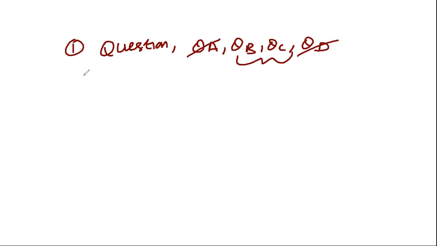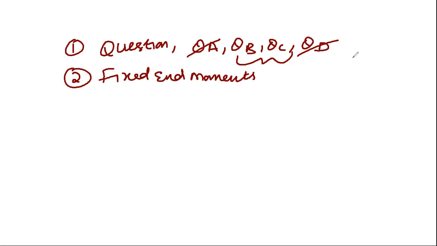Next thing we did, we have calculated the fixed end moments. How do we calculate fixed end moments? Please refer to any textbook: for point load, UDL, UVL, there will be different fixed end moment formulas. Based upon the loading, formulas will vary.